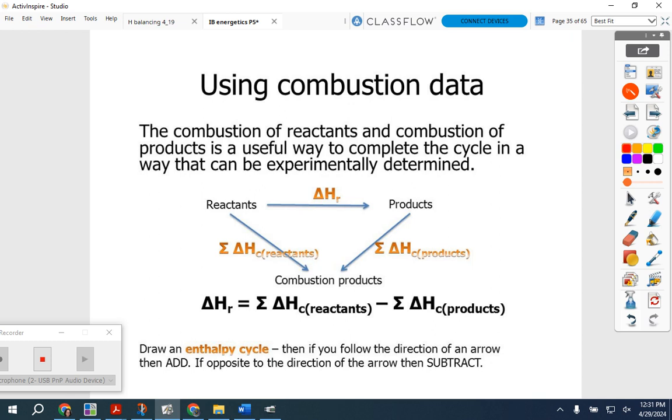But now, again, we need to follow the route that's going to get us from reactants to products. So we're going to be traveling this way, which is along with the sign of the enthalpy of combustion. And then we're going to be traveling this way, which goes against that enthalpy of combustion. So now it's going to be reactants minus products instead of products minus reactants, because we're switching the direction of these arrows and we're switching which side has to be reversed.